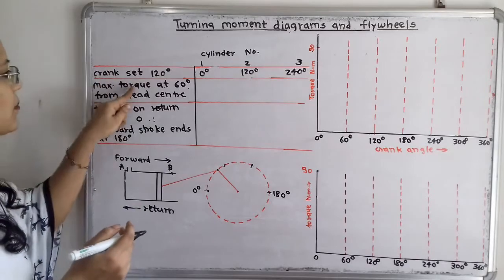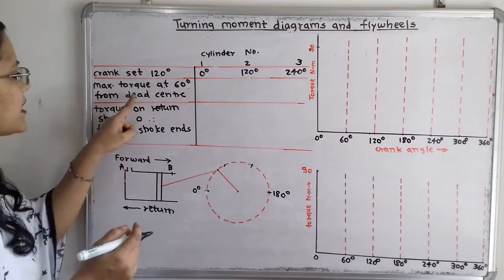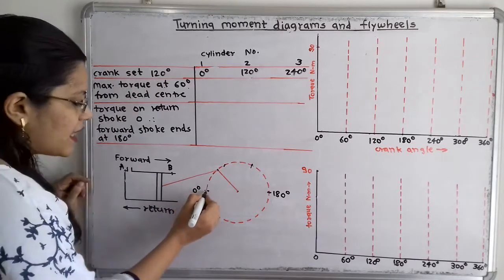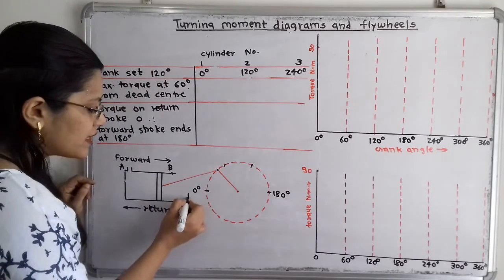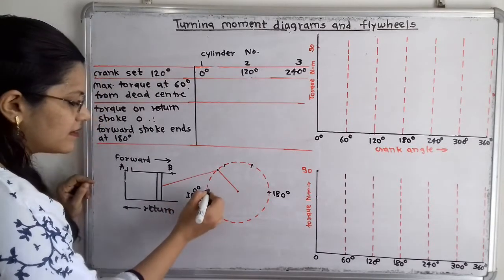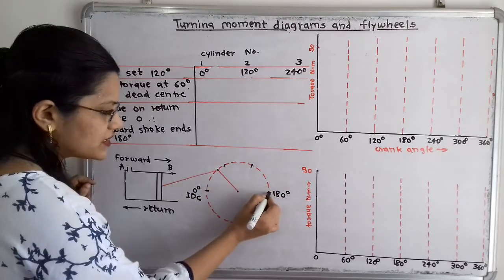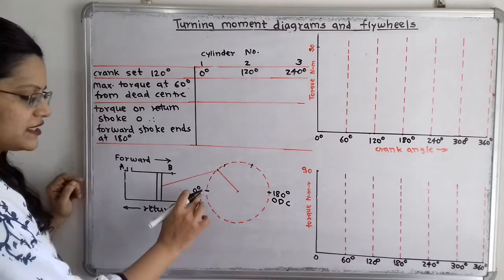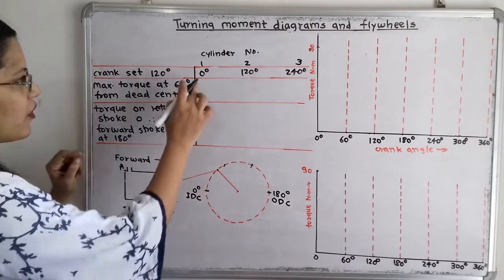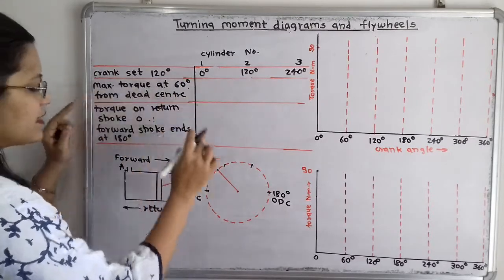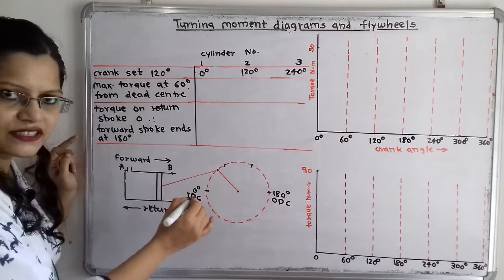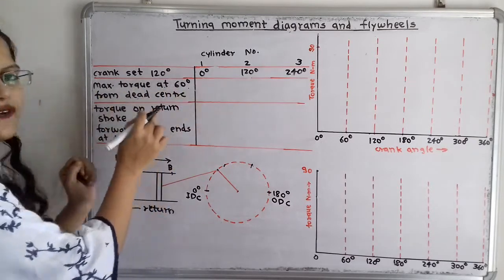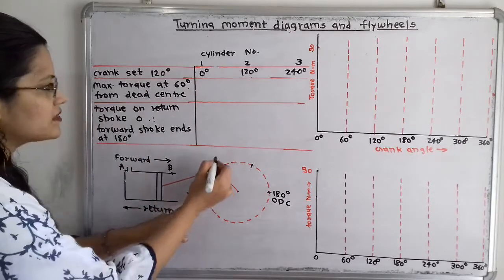Then the maximum torque is developed at 60 degrees from dead center. In this diagram, 0 degrees is the inner dead center, and when the half revolution is completed at 180 degrees there is the outer dead center. So for the first cylinder the inner dead center is at 0 degrees and the maximum torque is developed at 60 degrees from dead center, that is 0 plus 60.